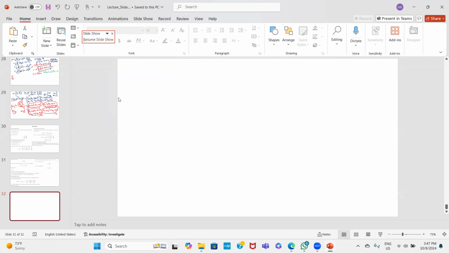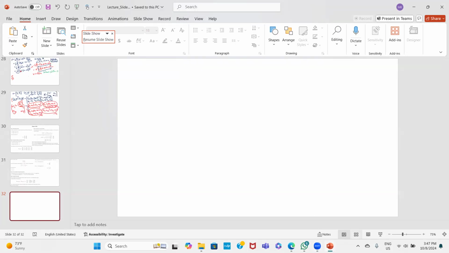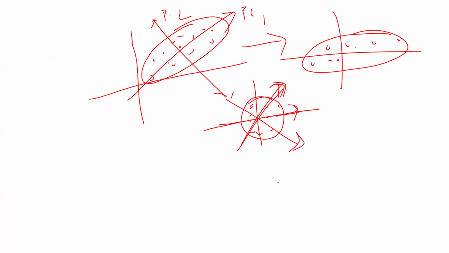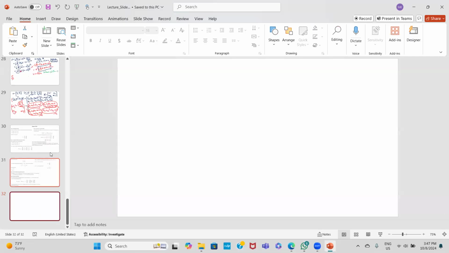There is another representation of the sigma, which we call the spectral decomposition of sigma. I'm just giving this statement and then I'm going to prove it.